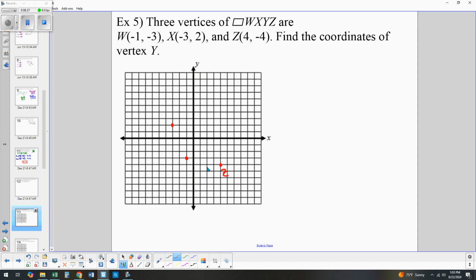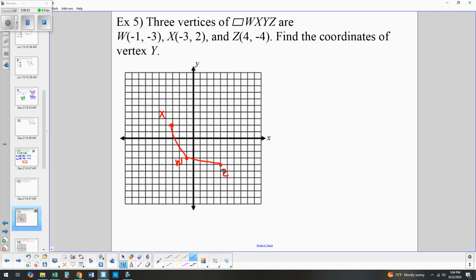And I'm going to label them. Okay. We know it's supposed to be WXYZ as the parallelogram. It tells me its name here. So that means W connects to X connects to Y connects to Z, and Z connects back to W. So this is two sides right now of our parallelogram.